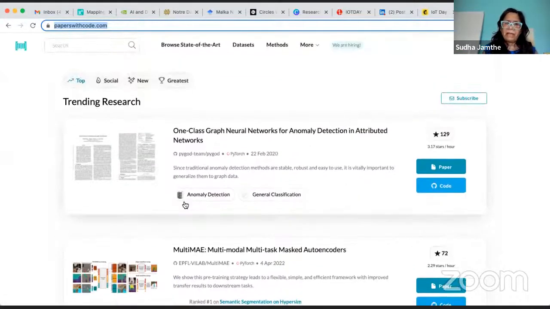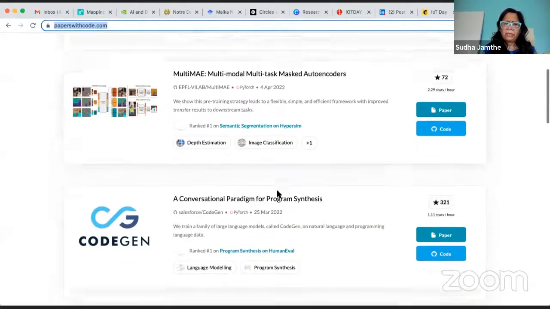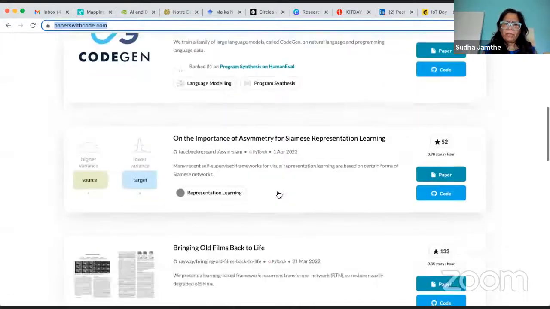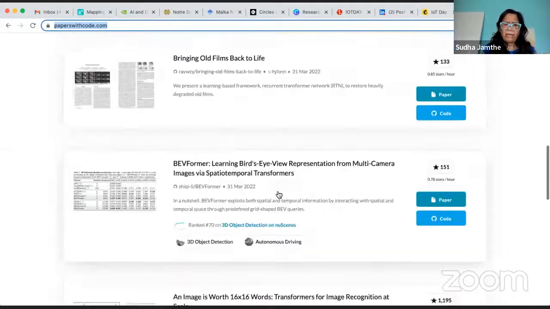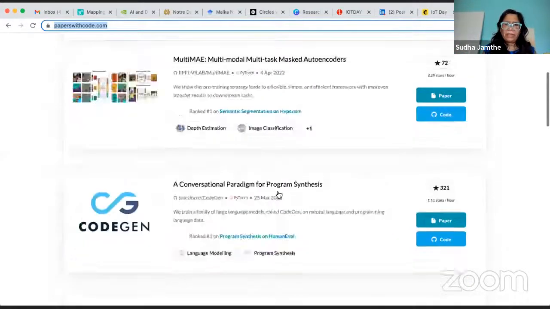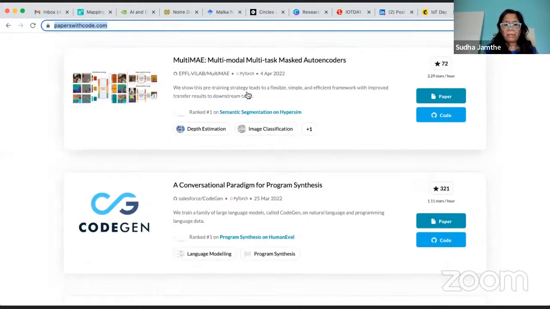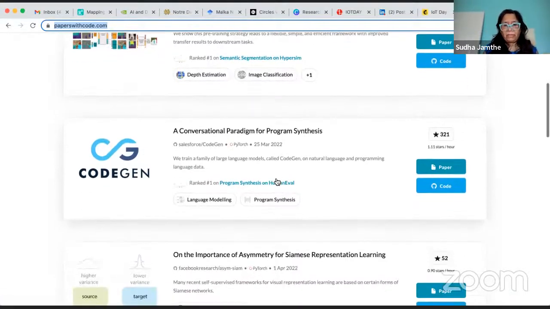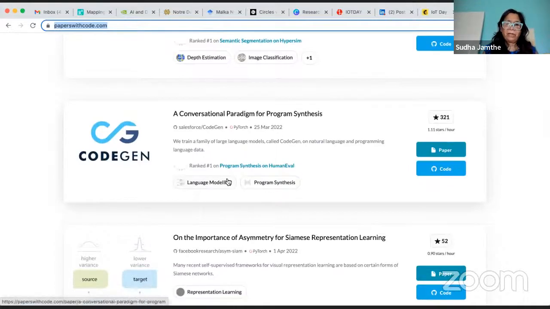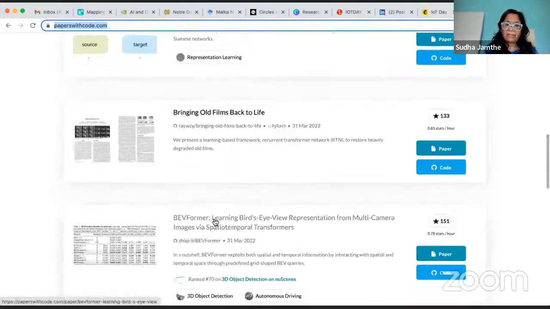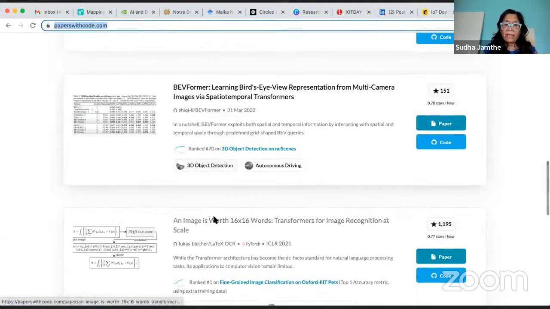But I find that just going over this site, looking at what the different papers are and the conversation that is happening, it's like a whole community. So if you're interested in image classification or language modeling, you can go by that and see what the latest papers are, who is doing what. And here I'm interested in autonomous vehicles, right?